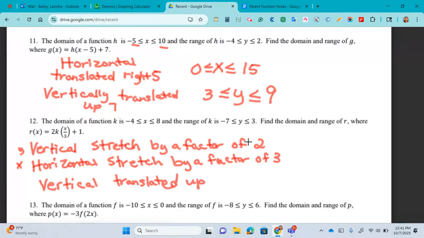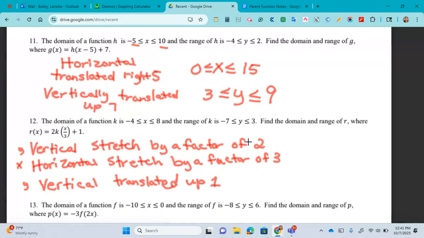One question. Yes? So the x divided by 3, would it be a horizontal stretch or a horizontal translation? Or can it only be horizontal stretch? Because it would look like it is a horizontal compression, but x does the opposite, so that's a horizontal stretch. Mhm.